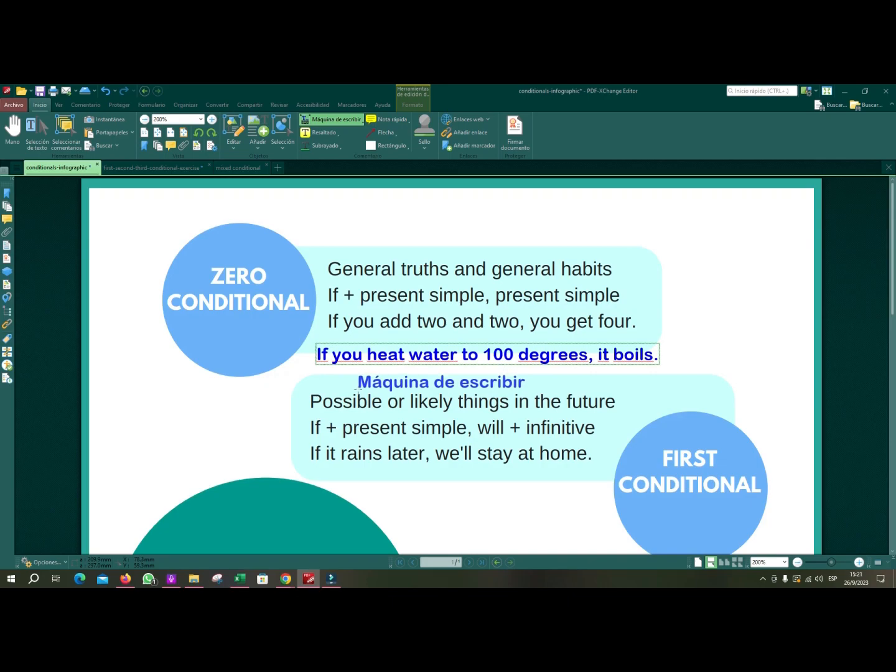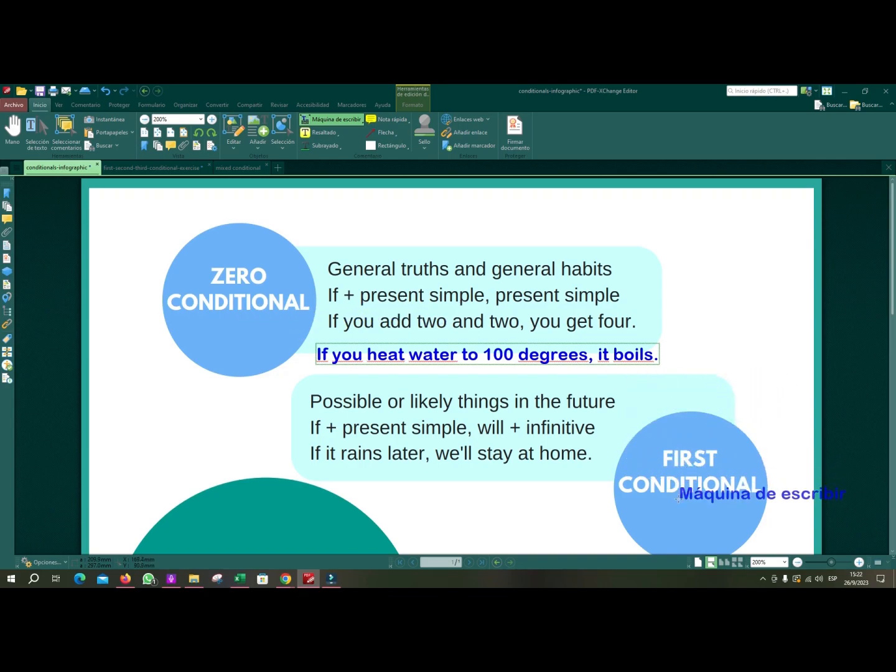If you heat water to 100 degrees, it boils. Right? So simple present and simple present there. Okay? So that is the zero conditional.